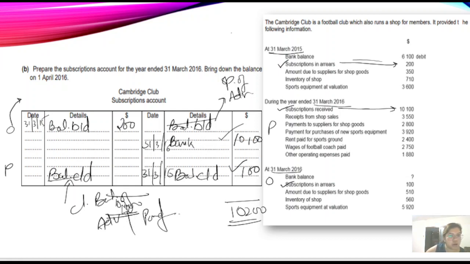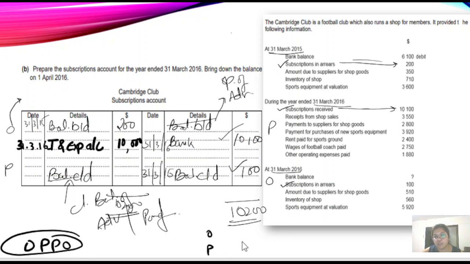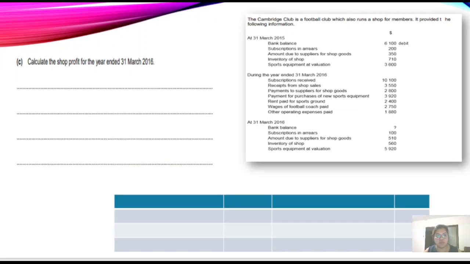Okay, then 10,200 deduct 200, and you're having 10,000, so write down 10,000 here, and this 10,000 is the amount which you're going to transfer in your income and expenditure account on 31st March 2016. Okay, so this is how you're going to prepare your subscription account. Okay, just learn this trick, OPPO, that's it.